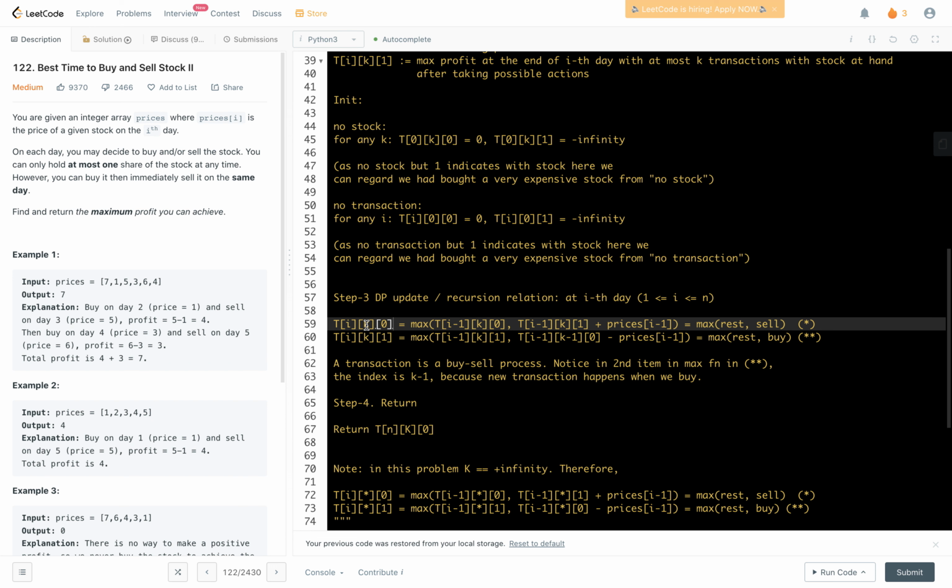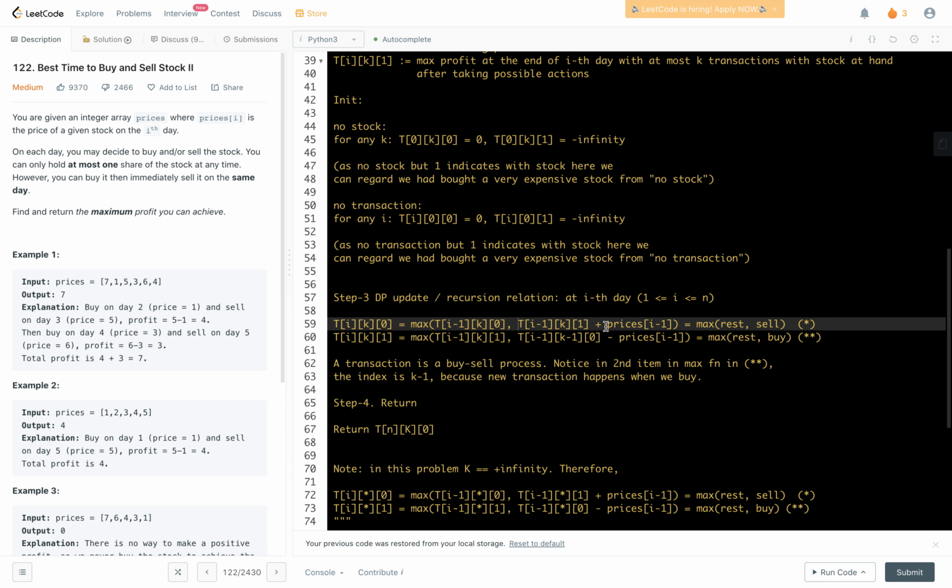So here the understanding is the following. TIK0 means maximum profit at the end of SD with at most K transactions if we do not have stock. So here this actually equals the maximum of the two terms. The first term corresponds to the fact that at the end of I-1 day, we do not have stock.